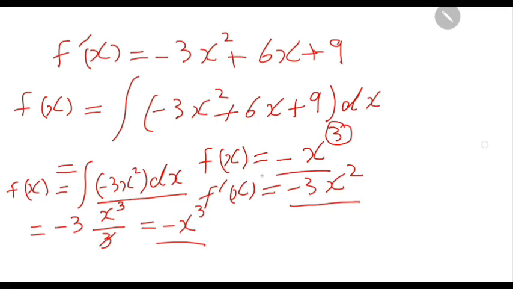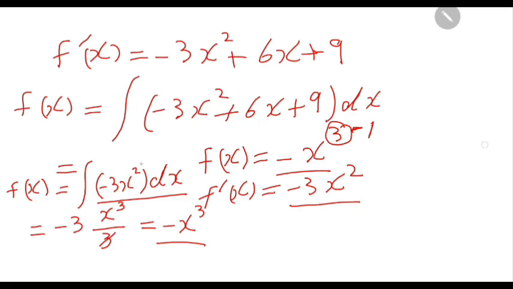In the derivative, we multiply the coefficient and then subtract 1 from the power. If you want to apply the integration, the antiderivative, we leave the coefficient as is.